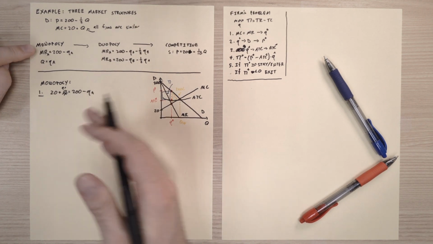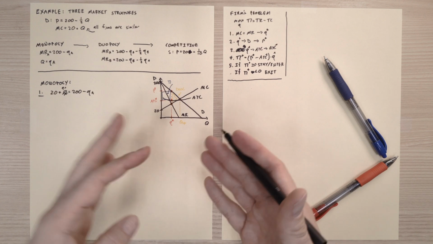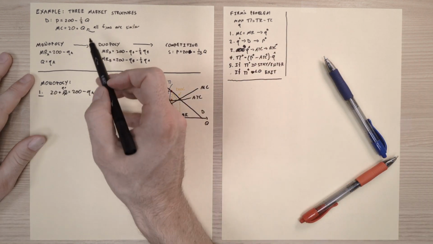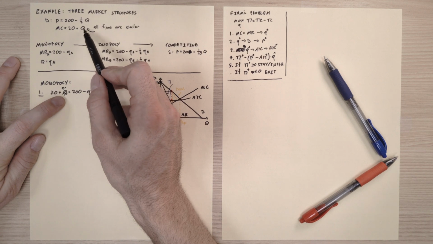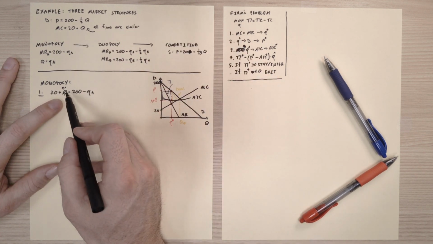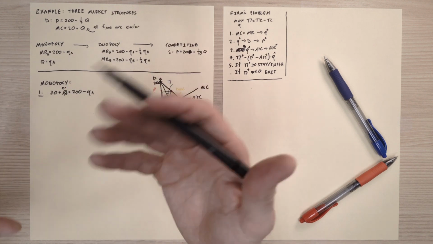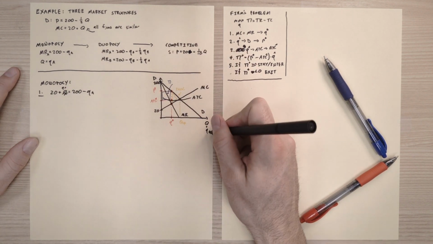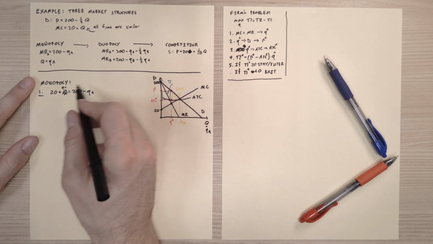The idea here is just the quantity in the market is everything that the monopolist is selling because there are no other competitors. So that's why we can substitute into the marginal cost curve the individual quantity. Quantities are all just QA for the monopolist. All right, so nice. So we can just solve for this thing.